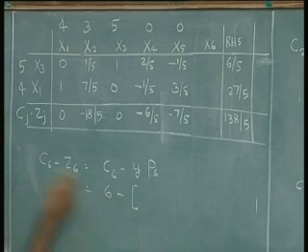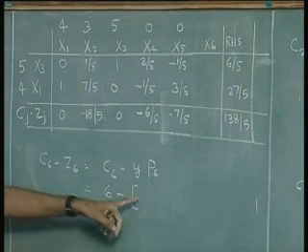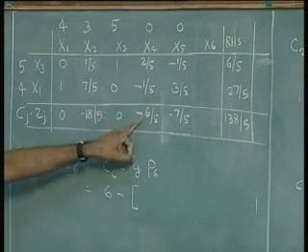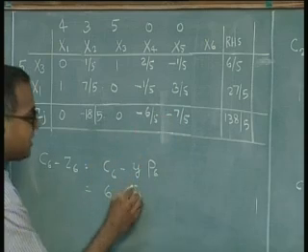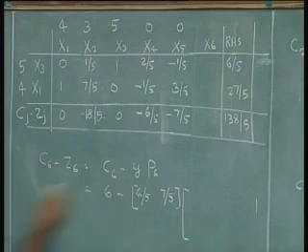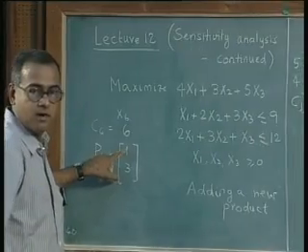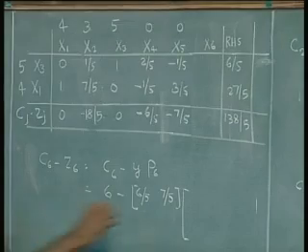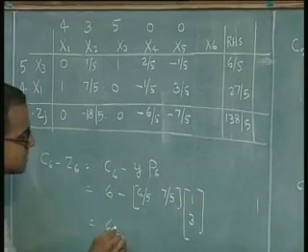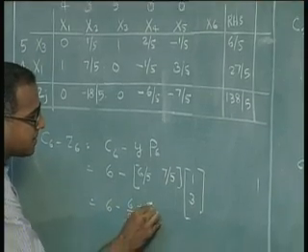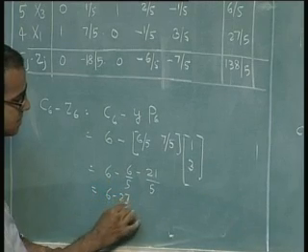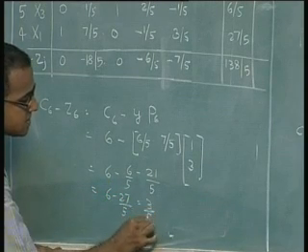C6 is 6, and Y is the optimum solution to the dual, which can be seen under the primal slack variables: 6 by 5, 7 by 5 with a minus sign of course, and P6 is the requirement of the resources, 1 and 3. So C6 minus Z6 is 6 minus 6 by 5 minus 21 by 5. So this is 6 minus 27 by 5, which is 3 by 5.